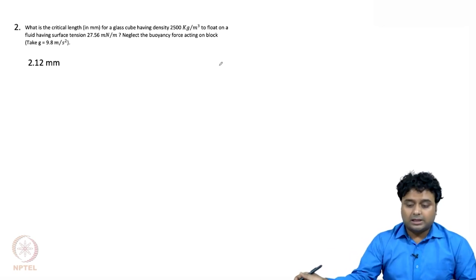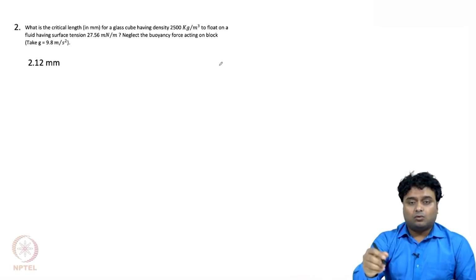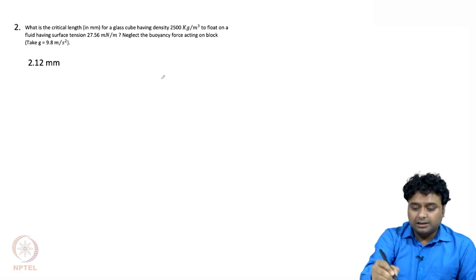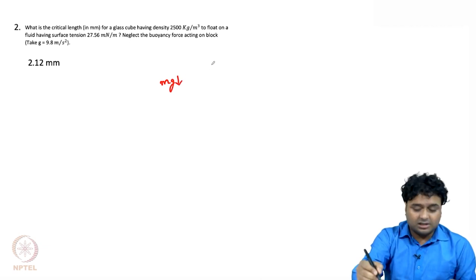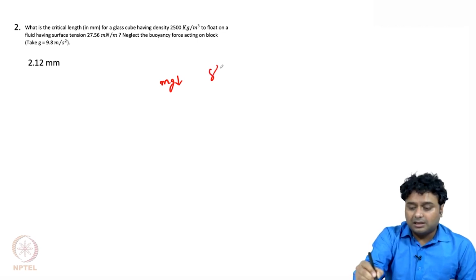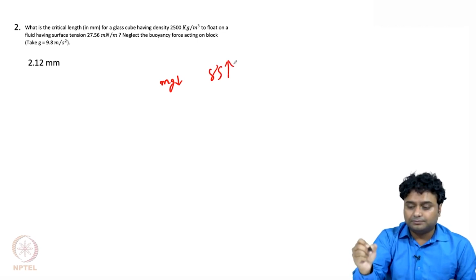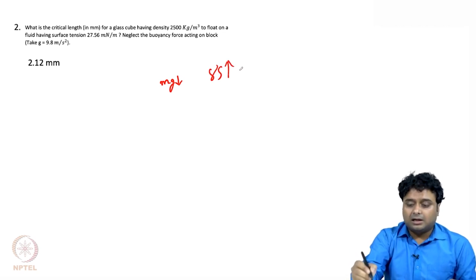So we know that there are two different forces, right? One is mg, or the weight of the block, which is acting downward, and then we have the surface tension force, which is gamma S, and that is acting upward, right? And we are neglecting buoyancy.